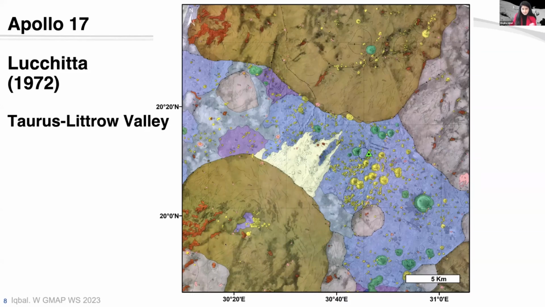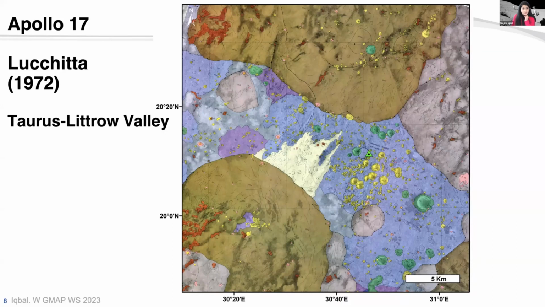And of course, the most prominent features, light mantle deposits, landslides, and scarps, were all interpreted before.